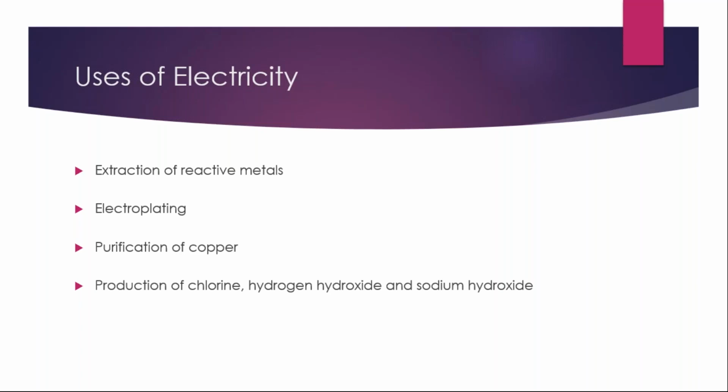For any iron or metal you want to plate, use it as the cathode, and introduce the substance you want to use for the electroplating as the anode. Once electricity passes through, it migrates to the cathode and is deposited. Once deposited, you have plated that iron or metal. And of course, I explained purification of copper and the rest of them.